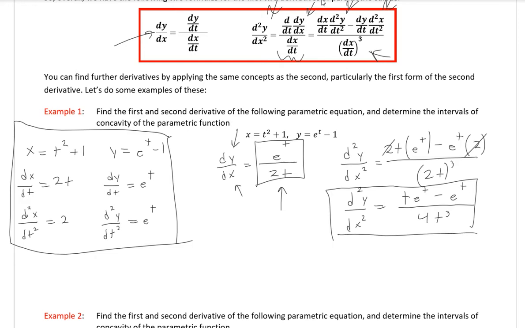Look how simple that was. If you had to do the original form of the formula, the one that the book likes to present, you'd have to take the derivative of this, which requires an extra quotient rule. But this is already applying that quotient rule, just using the easier derivatives you found earlier.